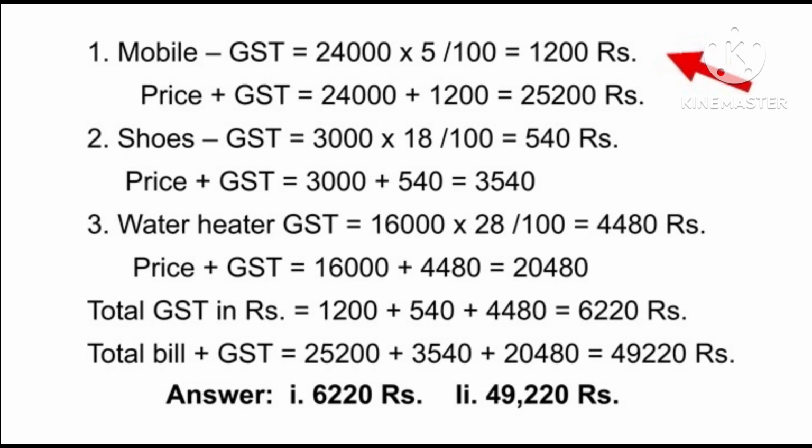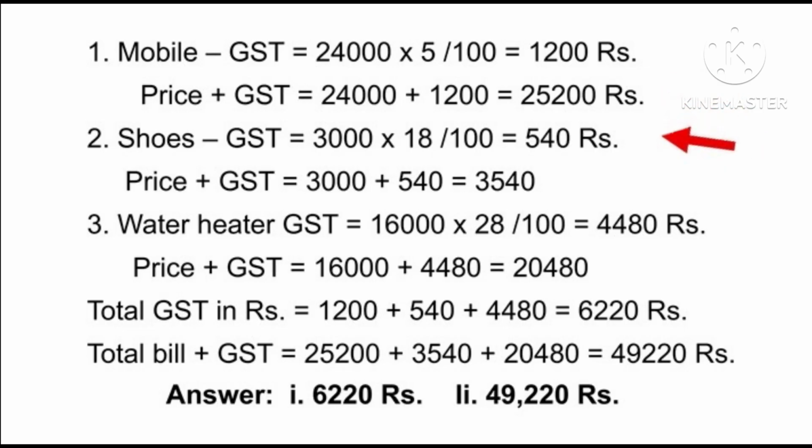Answer. GST on mobile is 5% and price is 24,000 rupees. Therefore, GST on mobile is equal to 24,000 into 5 upon 100 equals 1,200 rupees. Hence total price plus GST is equal to 24,000 plus 1,200 equals 25,200 rupees.